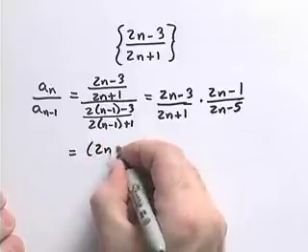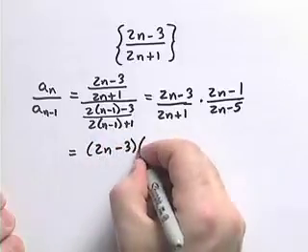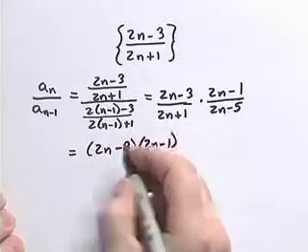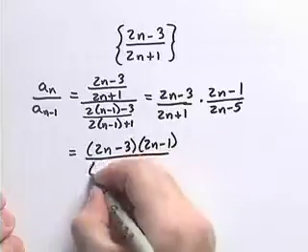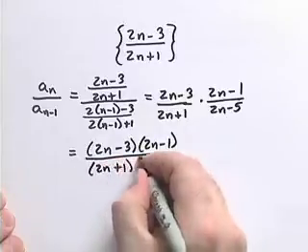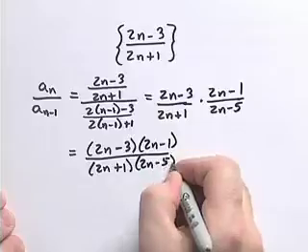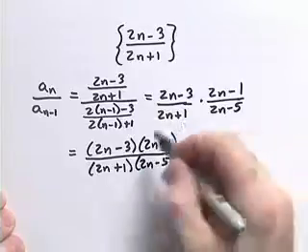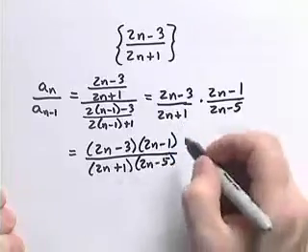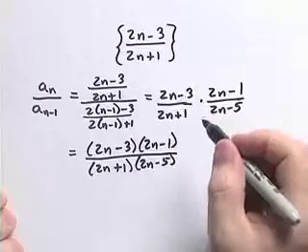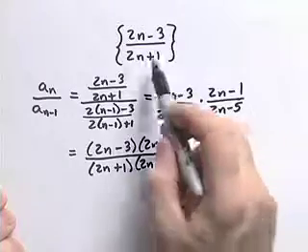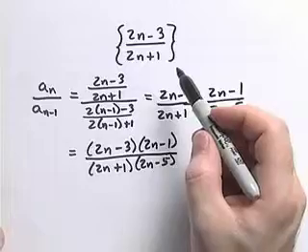We'll just write this again as (2n - 3)(2n - 1), that's our numerator now, and our denominator will be (2n + 1)(2n - 5). This is not a constant. Therefore, we can say that this sequence is not geometric. So it turns out that this sequence is neither arithmetic nor geometric.